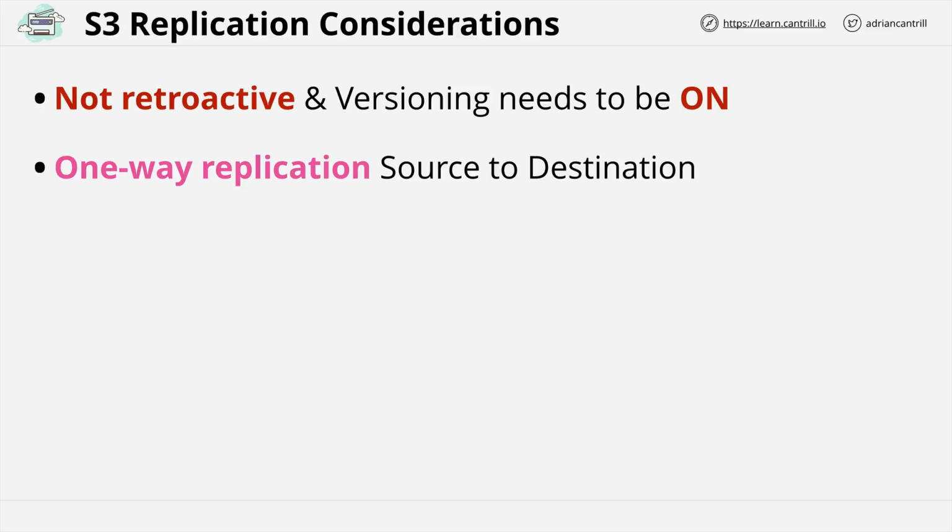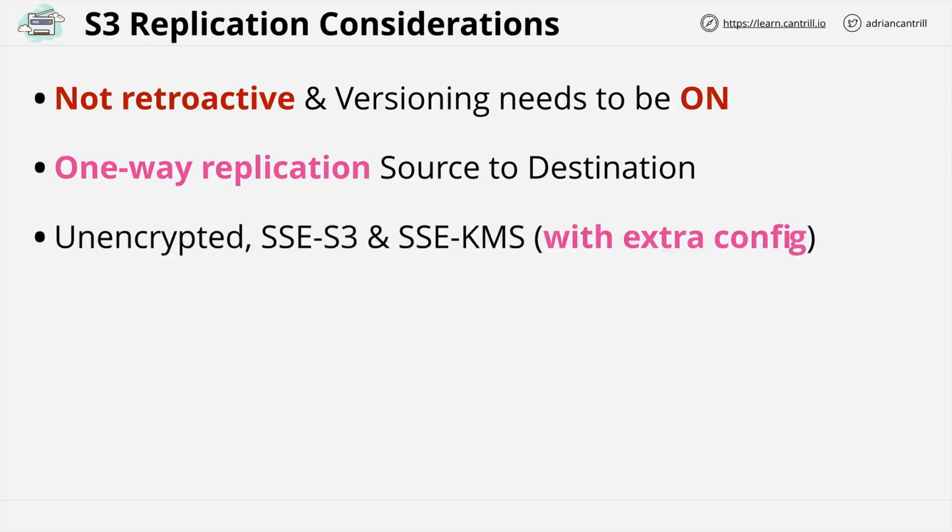Now, in terms of what does get replicated from source to destination, replication is capable of handling objects which are unencrypted. So if you don't have any encryption on an object, it's capable of handling objects which are encrypted using SSE-S3, and it's even capable of handling objects which are encrypted using SSE-KMS, but this is an extra piece of configuration that you'll need to enable.